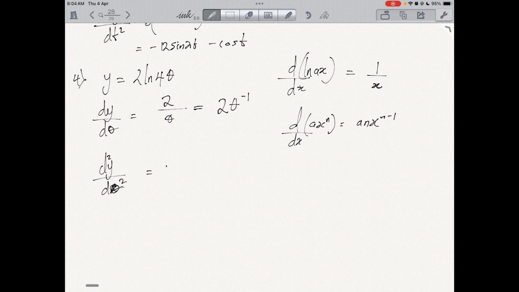Since our a in this case is 2, and our n in this case is minus 1, this will give us 2 multiplied by minus 1 theta raised to the power minus 1 minus 1, which is minus 2 theta raised to the power minus 2. And simplifying further, we can rewrite as minus 2 divided by theta squared.